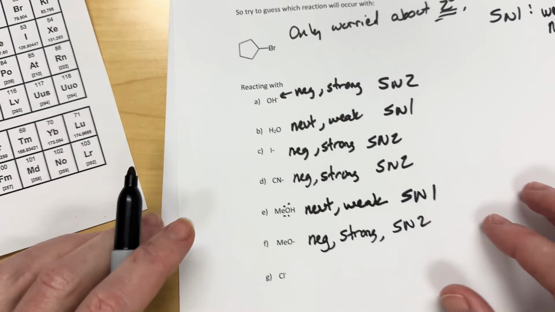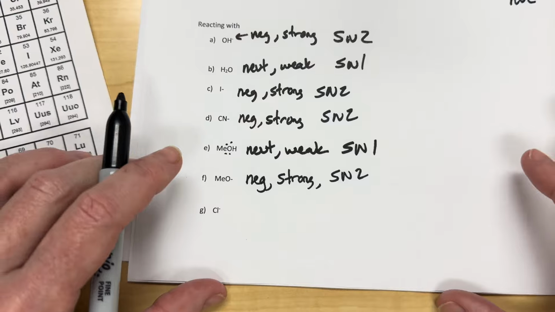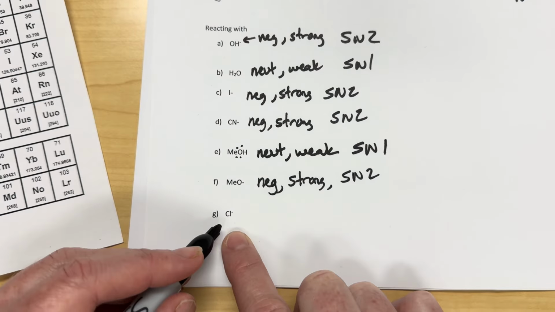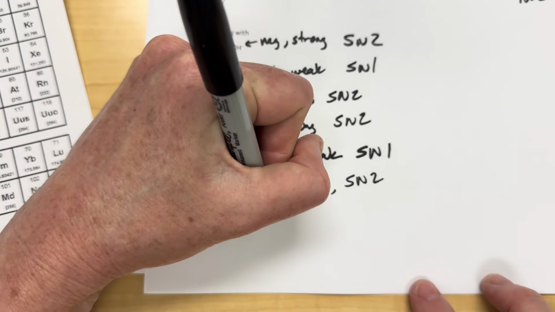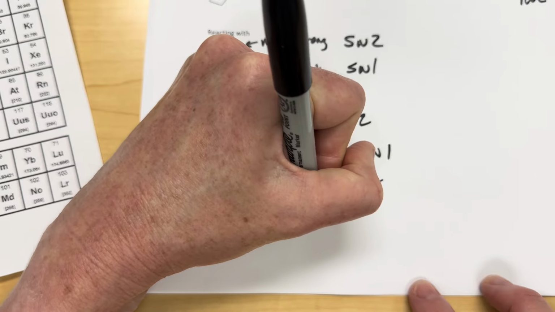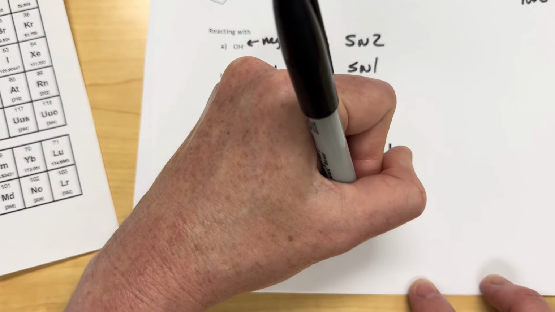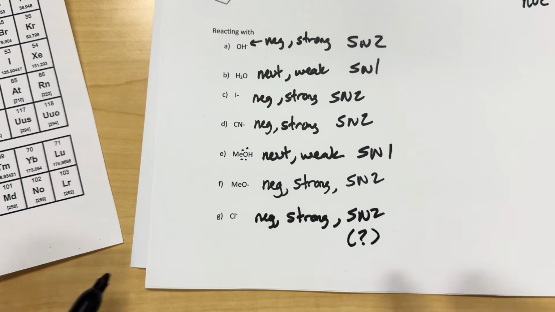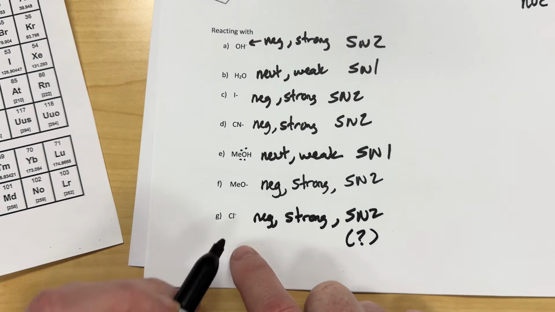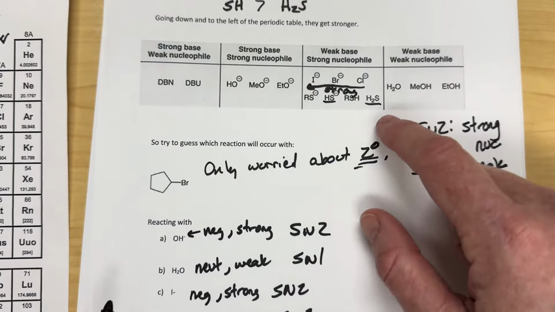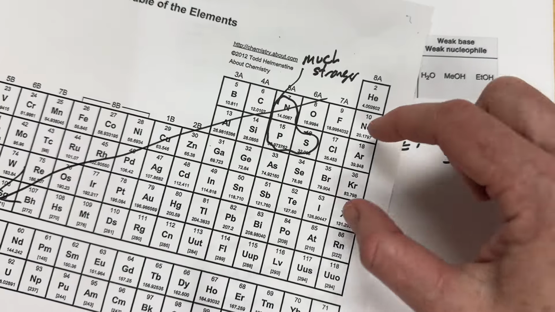Even though it's technically a strong nuke, in this situation it's negative, it's strong, and it will occur via SN2. There could be some questions about it depending on the solvent that you put it in, because again, it's right in the middle.